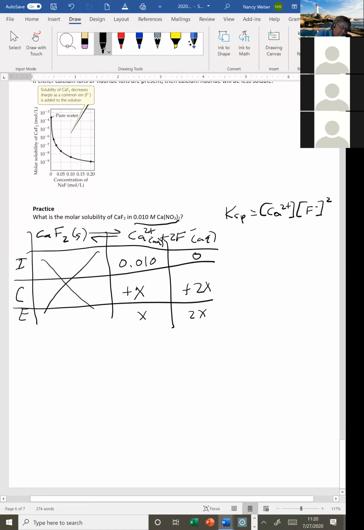So now the KSP is going to equal X by 0.0, wait a minute, I got too fast there. 0.01 plus X. Now, this time we're going to make an assumption that X is much, much less than 0.01.